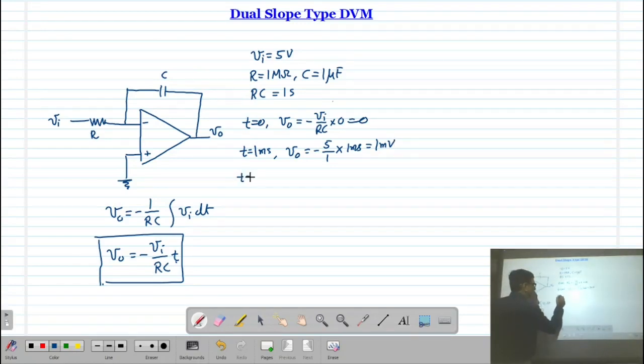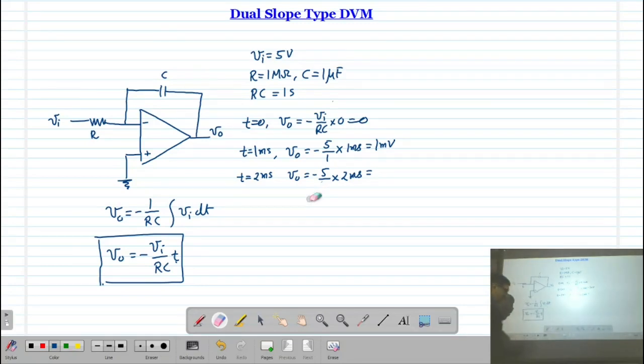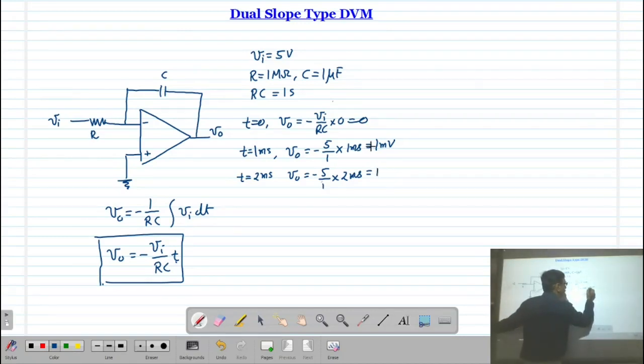Then if we calculate t equal to 2 milliseconds, the output voltage will be minus 5 divided by 1 second into 2 milliseconds. So minus 5 into 2 milliseconds, it will be 10 millivolt, but with a negative sign.